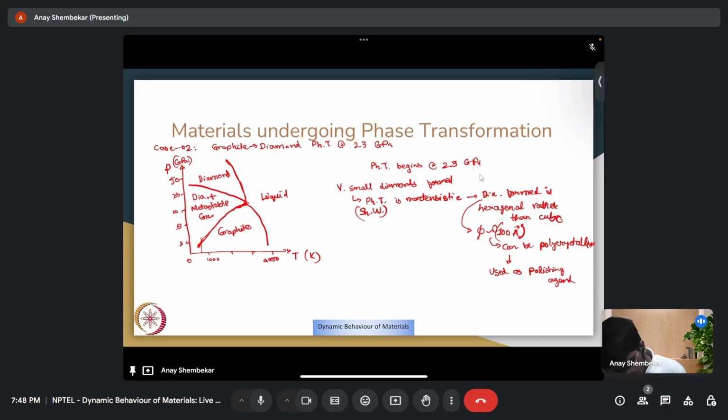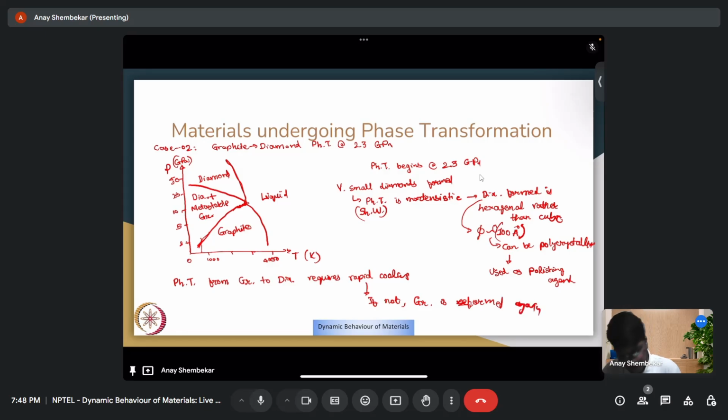And another important point to notice: phase transformation from graphite to diamond requires quenching, rapid cooling. If rapid cooling is not there, then graphite is reformed. So it's formed again.